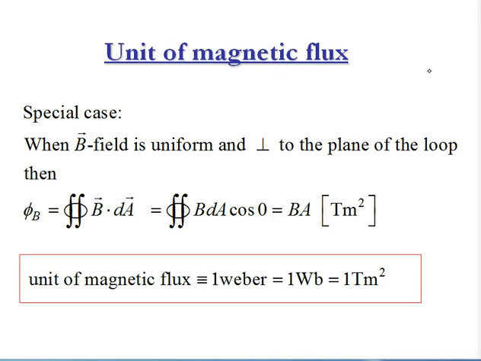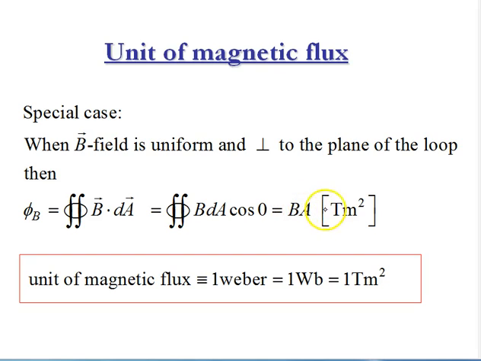So our special case, when our magnetic field is uniform and perpendicular to the plane of the loop: then our integral of B dot dA will be B dA cosine of 0. So it's just going to be B times the integral of dA. That's just our BA product, magnetic field times the cross-sectional area of our loop. So here we can get the units.